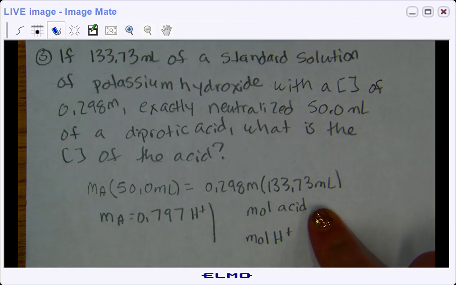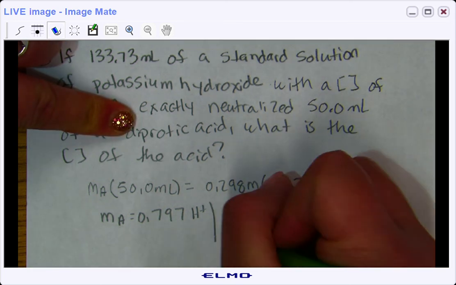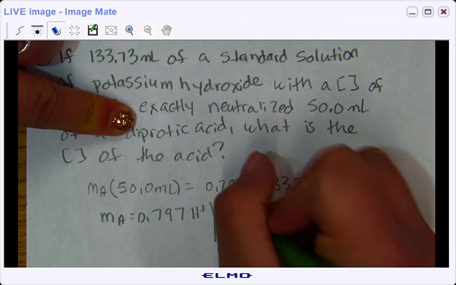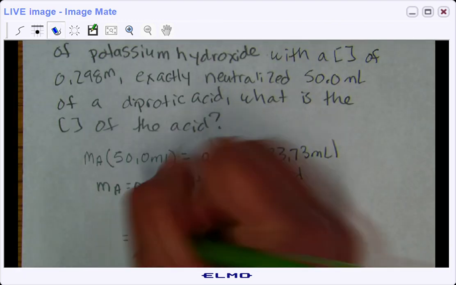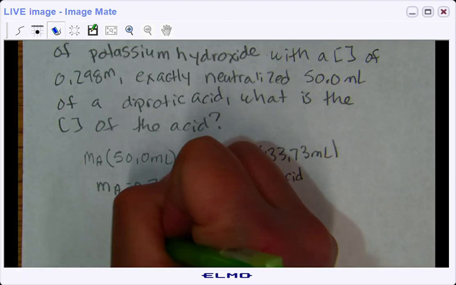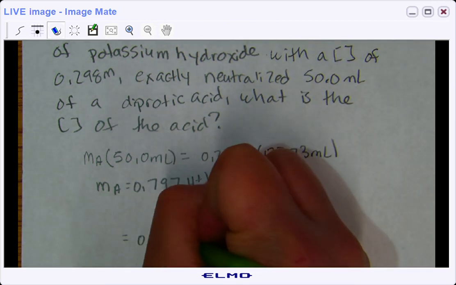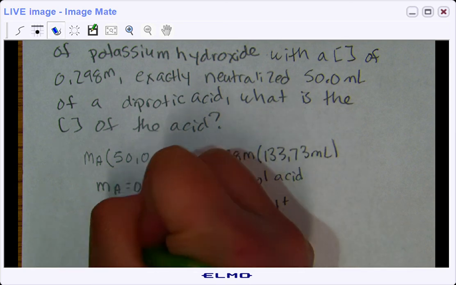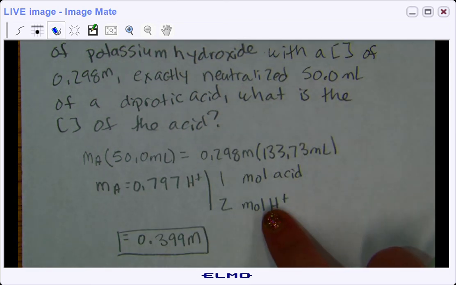It doesn't really matter. It is a diprotic acid, meaning there are 2 moles for every 1 mole of the compound. So when I solve for that, I end up with, using my rule of 3 here, 0.399 molar. So you have to do your stoichiometric relation.